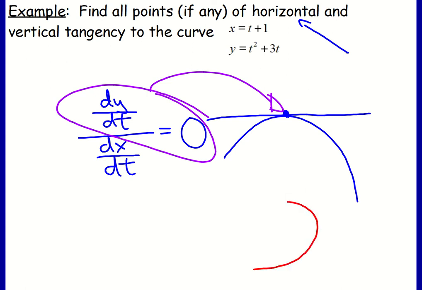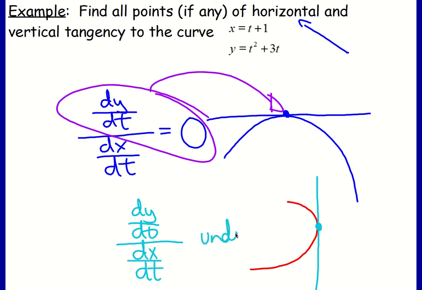However, since parametric curves are not restricted to passing a vertical line test, if I wanted a vertical point of tangency here, then I would say, oh, well, that means the slope is undefined, which means if dy dt over dx dt is undefined, then that means the denominator of that, which is dx dt, equals 0.